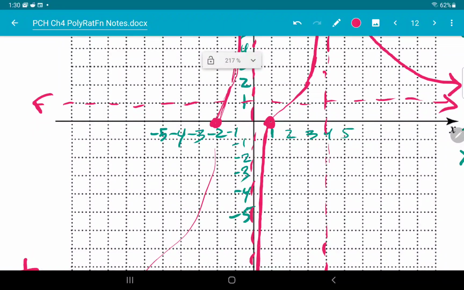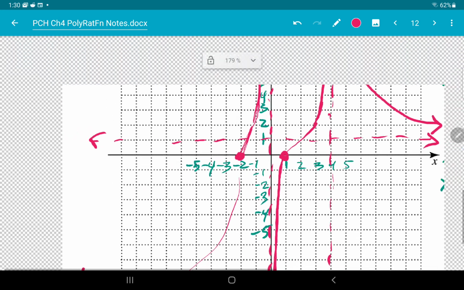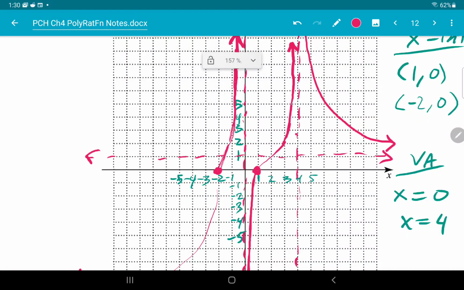Oh, that is interesting. So we can see here that this graph is not coming down like this. Keep in mind, especially when we see a horizontal asymptote, that's showing us end behavior. So the graph should actually be going towards that asymptote. As we draw this graph, you can see it's coming up from here, from positive infinity, coming down, and I probably didn't draw that right. Let me draw it again.